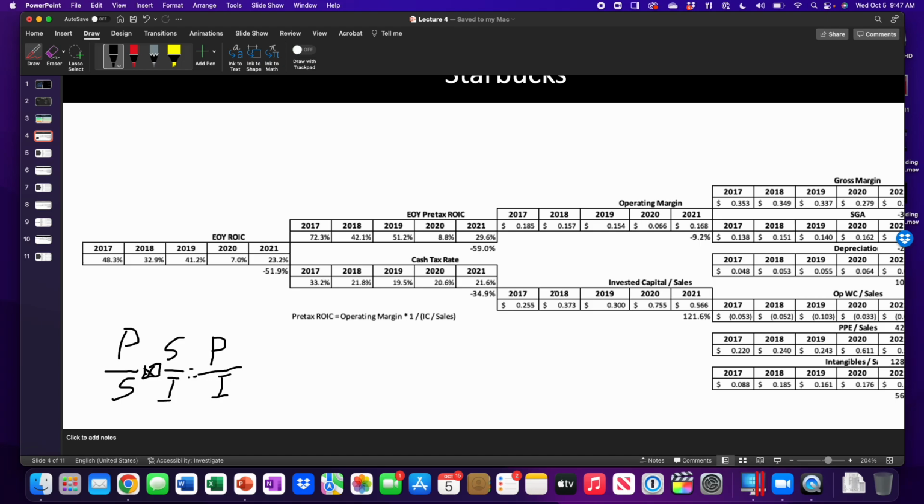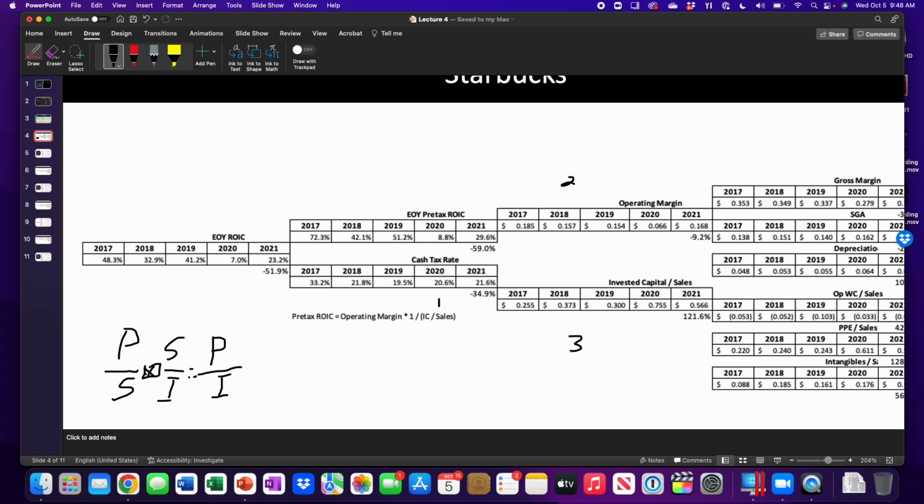So I'm just using the reciprocal there. But the point is, these two things, driver number one is tax rate. Driver number two is operating margin. Driver number three is invested capital to sales. Those are the three drivers of ROIC.